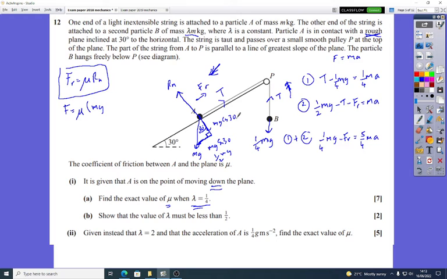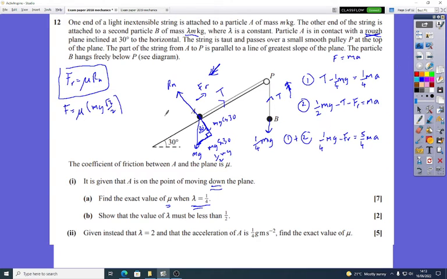Mg, now it says cos 30, can you just do that in your calculator? I think it's root 3 over 2, double check. Yes. So cos of 30 is root 3 over 2. So that's what friction is. So let's change the colour, let's make it a bit more exciting. I'm not excited, right.